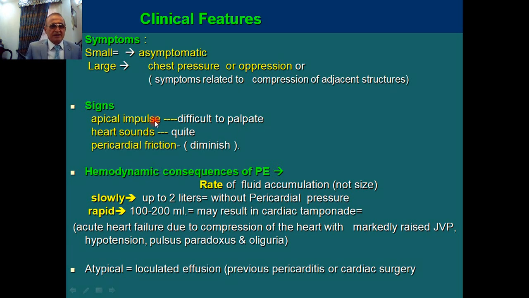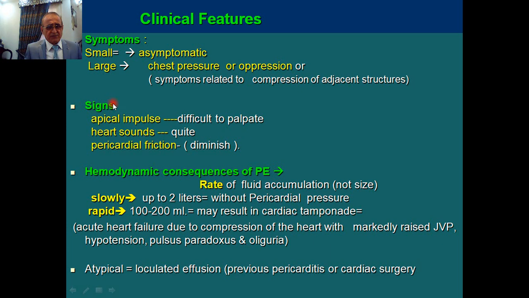Now, what are the clinical features of pericardial effusion? Of course, this depends on the size of the effusion. If the effusion is small, then the patient usually is asymptomatic. If the effusion is large, then he will feel some chest oppression or tightness. And sometimes a large effusion can compress related structures. For example, the esophagus might be compressed and he will feel some sort of dysphagia.